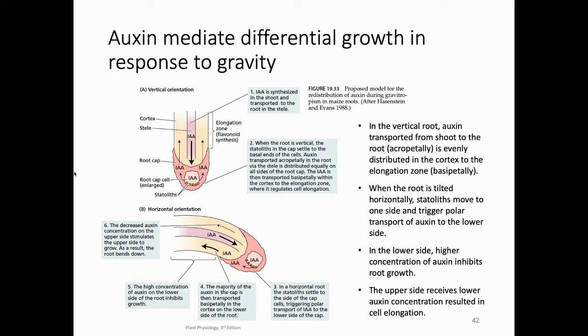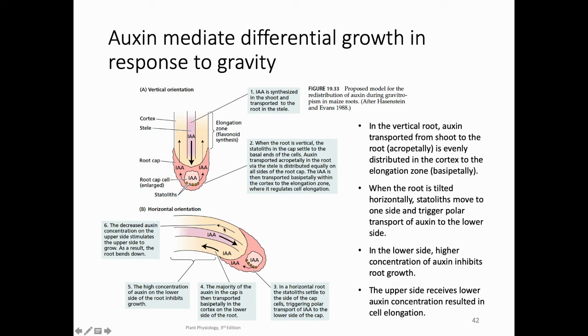But if the root has been flipped, horizontally orientated, the lower side of the root will receive more auxin. And if you remember, the root responds to lower auxin concentration. If it gets too much auxin, the cells will stop elongating.